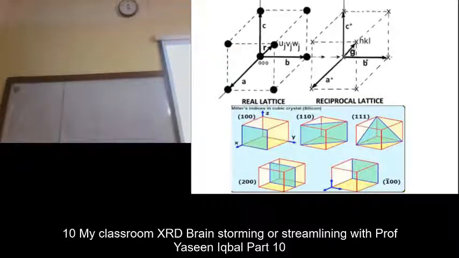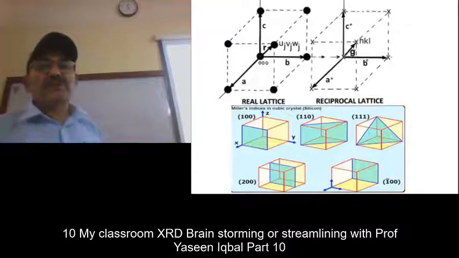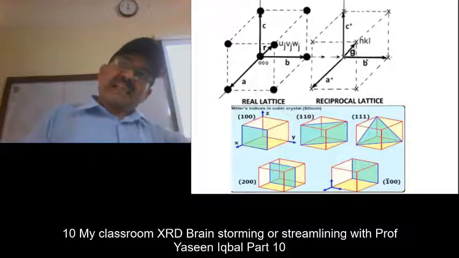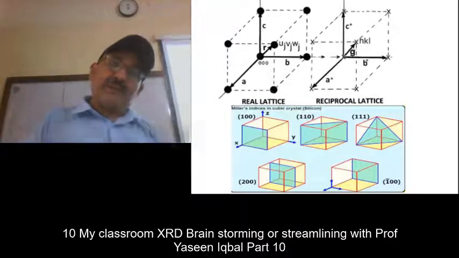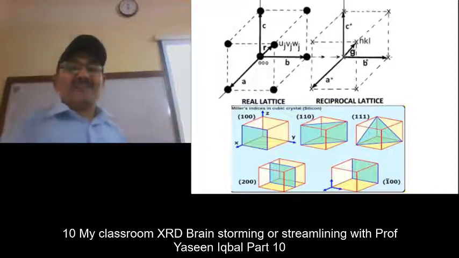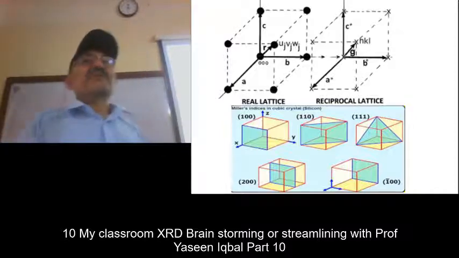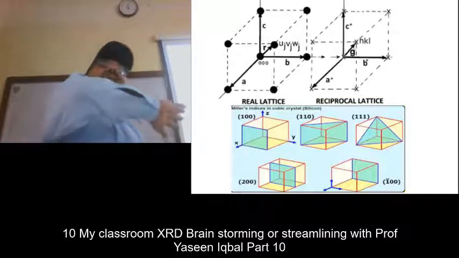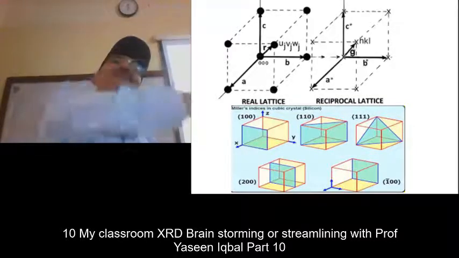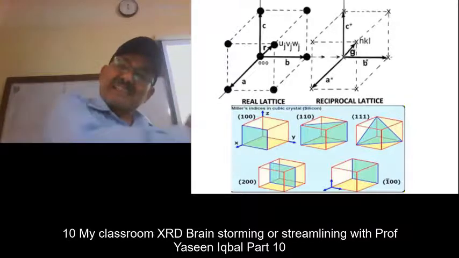It is intersecting, and it is parallel to the z-axis. Then 200 intersects the axis at half and is parallel to the other two. 1 bar 00, so it is intersecting the x-axis at -1, that is -a.